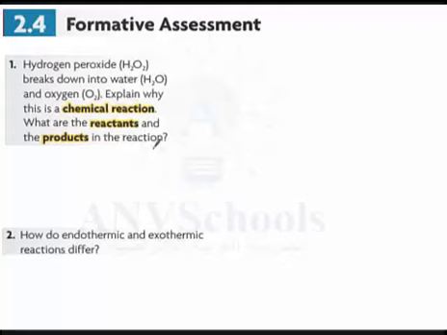So the first thing that we will do here is to define what a chemical reaction is.